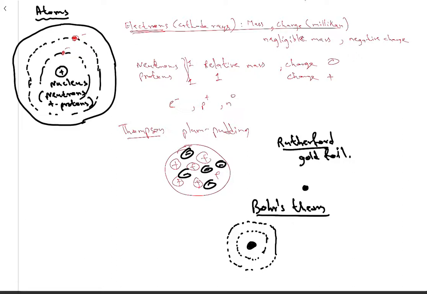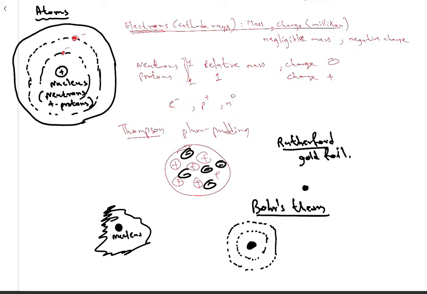And now the modern theory, of course, is the theory where we believe that the electrons behave like particle and wave, and there is the central part of the atom called the nucleus, but the electrons are around the nucleus in a cloud-like fashion.